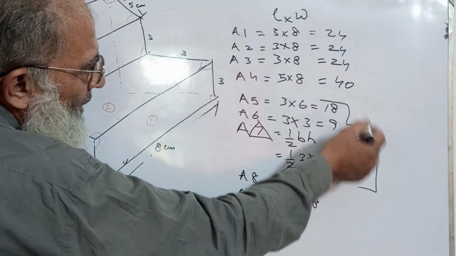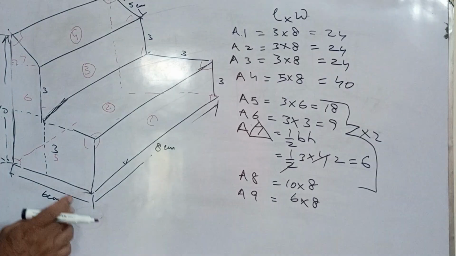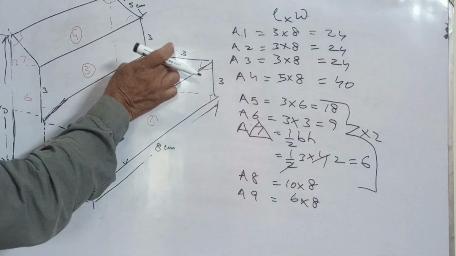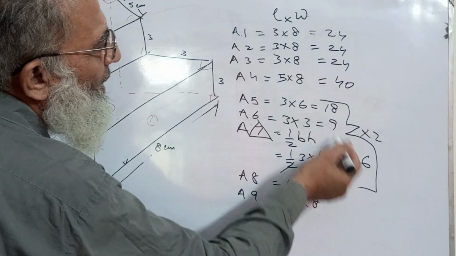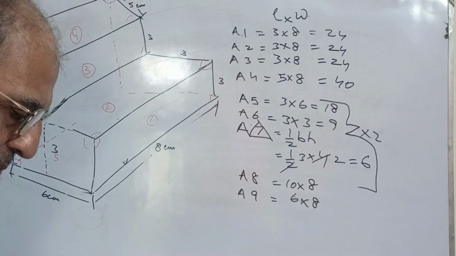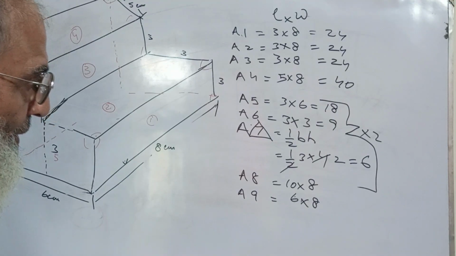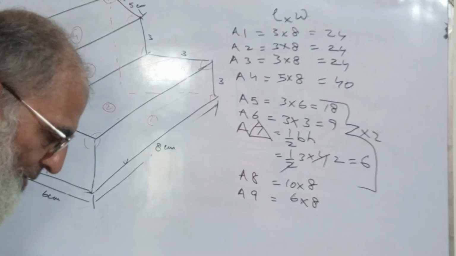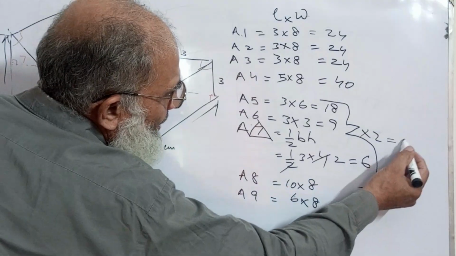So we have to multiply it with 2, because there are two similar sides. One is here and other is here. So 18 plus 9 plus 6 equals 33. It will become 66.